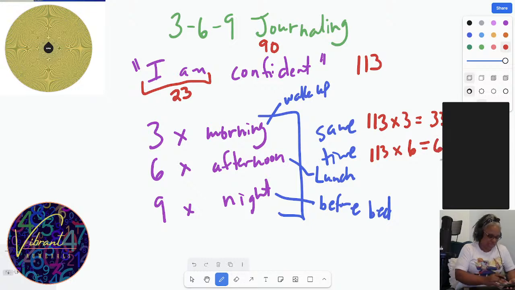So 678, and then 113 times 9, and we add those together. So every day you're generating this vibration of 2034, which then goes to a 9.